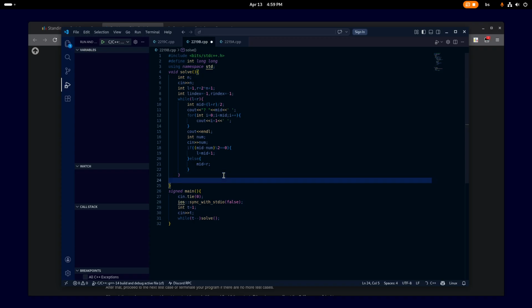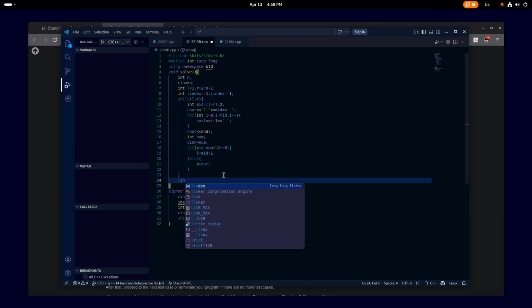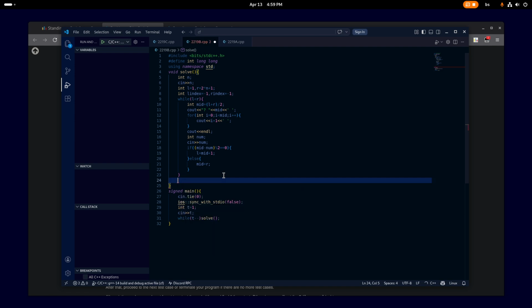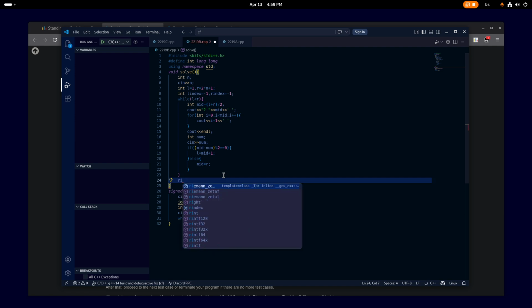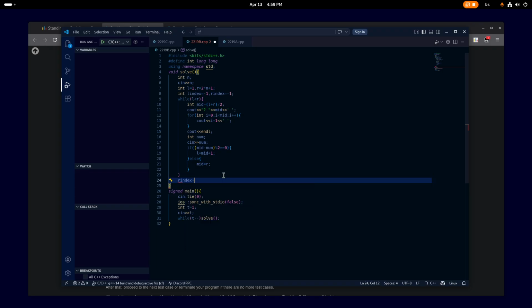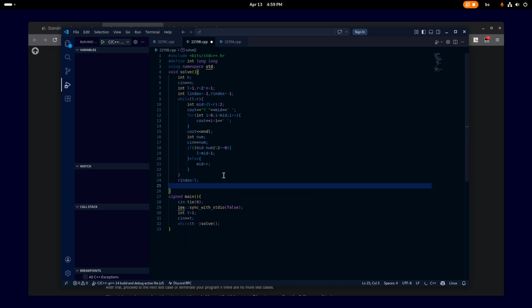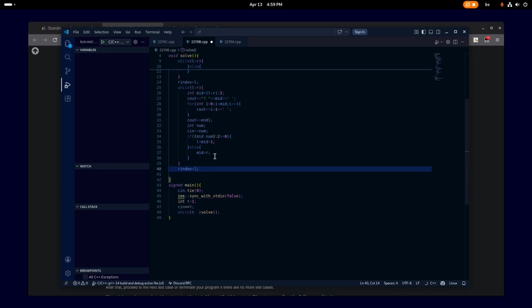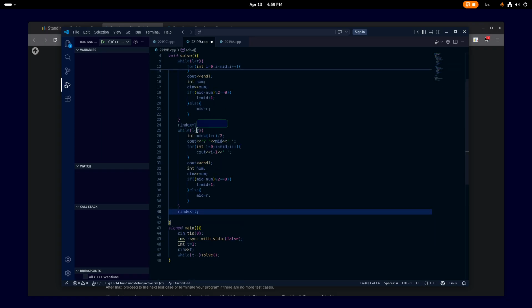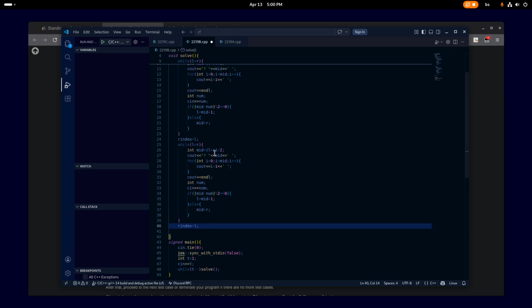Yeah, then left index, actually no, this one would be right index, because this is the last one, right? Okay, then probably just do the same for the second one, yeah.